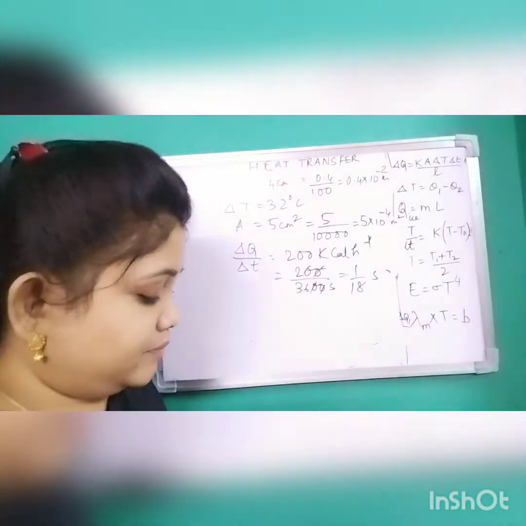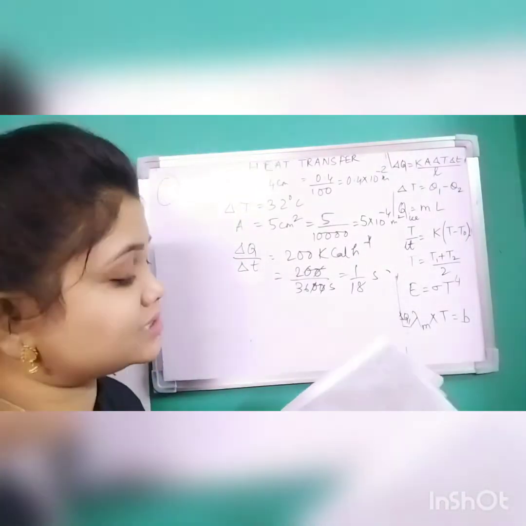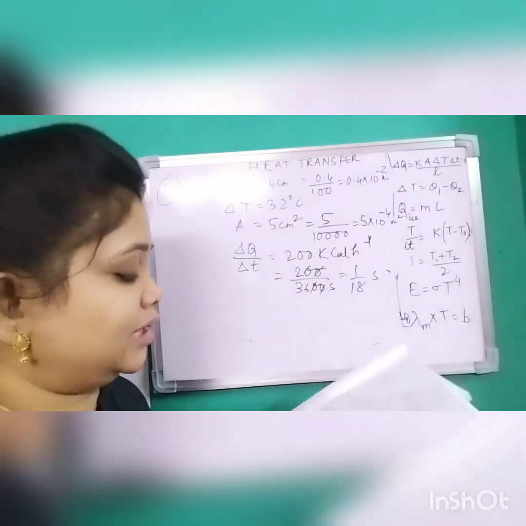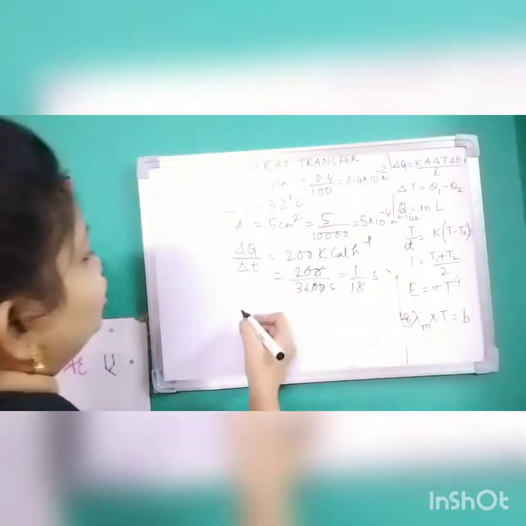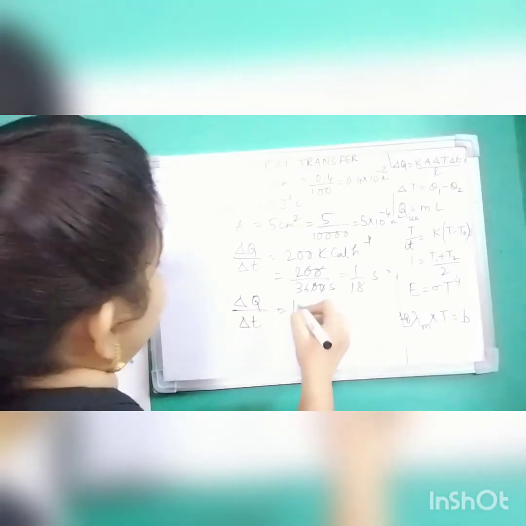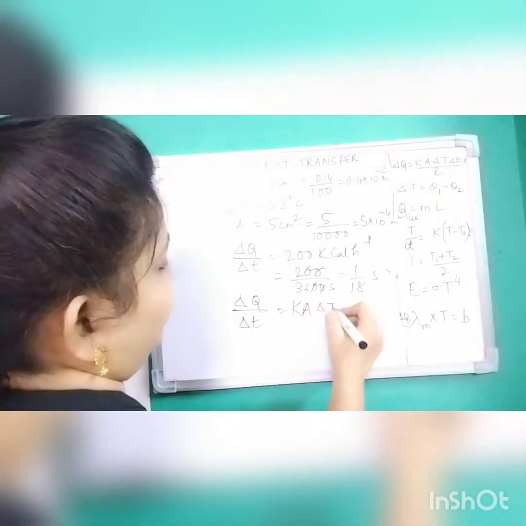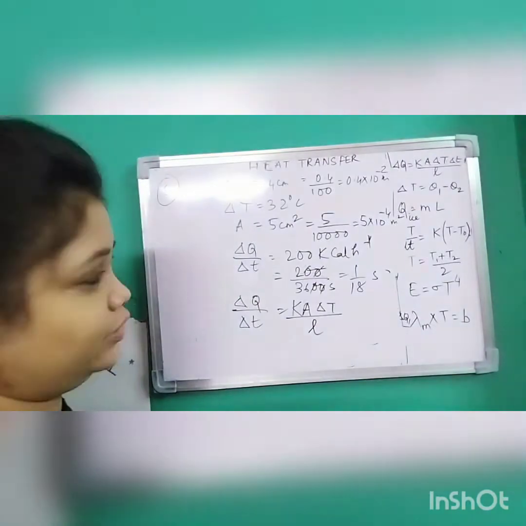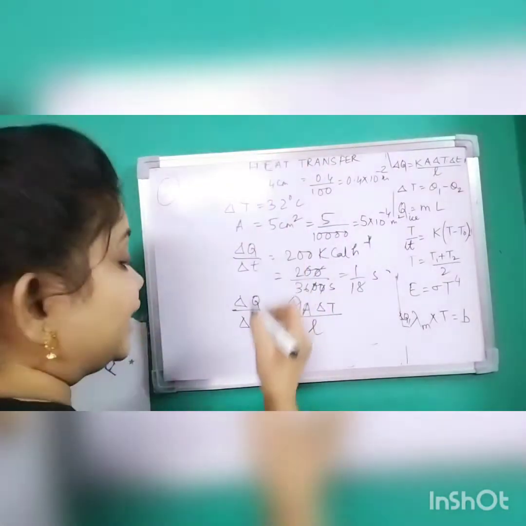Next, what they have asked: calculate the coefficient of thermal conductivity. Very easy. What is our formula? Delta Q by delta T is equal to KA delta T by L. Everything is given, so what will K be equal to?